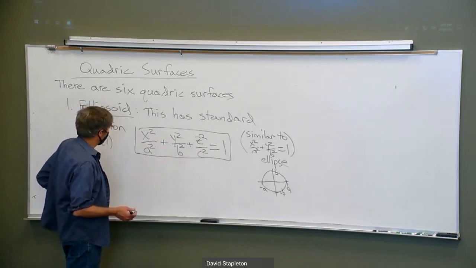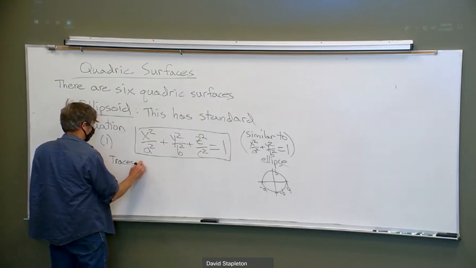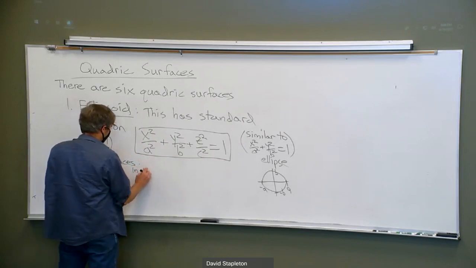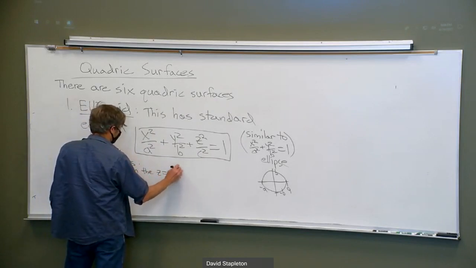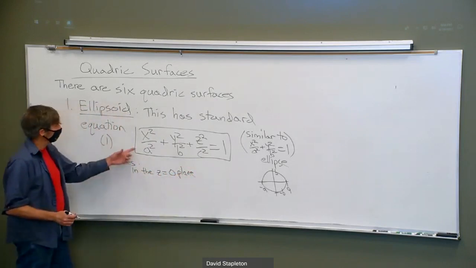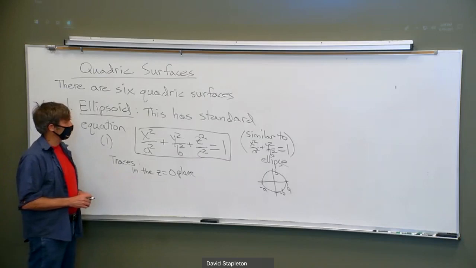We can get a good feel for it by doing what's called a trace. These include, let's say, the z equals 0 plane. What is a trace? It means you're going to intersect this surface with the plane and look at the curve that results, right?